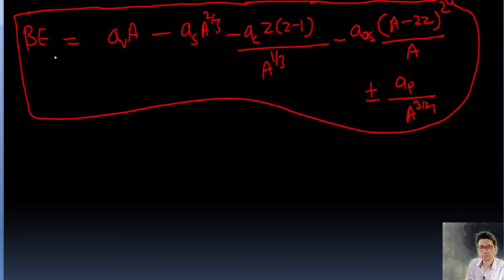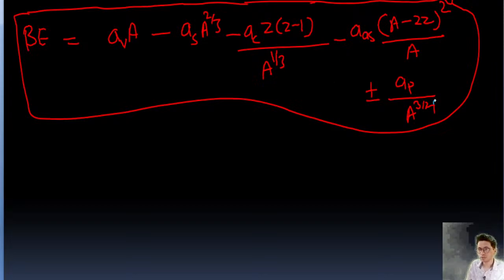So this is very simple. You can note it down and memorize it. B, the binding energy, is equal to AV A minus AS A to the power 2 by 3 minus AC Z into Z minus 1 upon A to the power 1 by 3 minus AAS A minus 2Z whole square upon A plus minus AP A to the power 3 by 4.